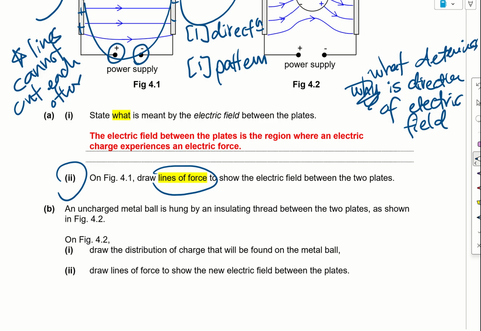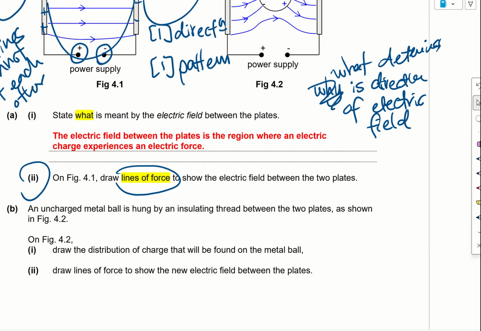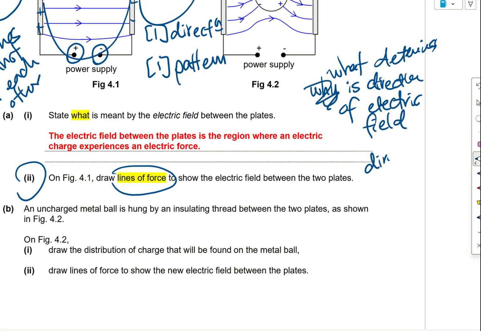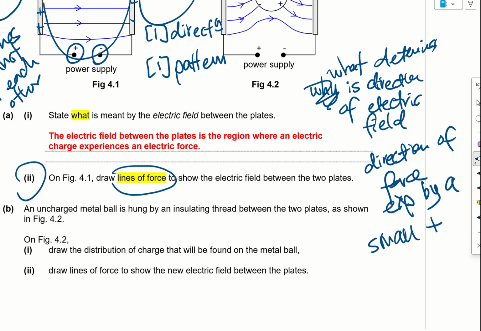Okay, I forgot the exact question, but my idea here is that it is the direction of force experienced by a small positive test charge.